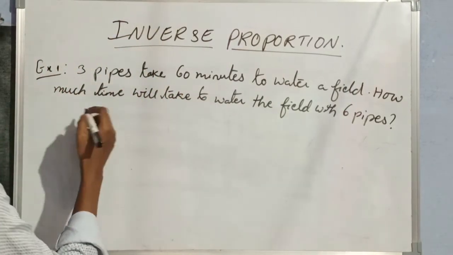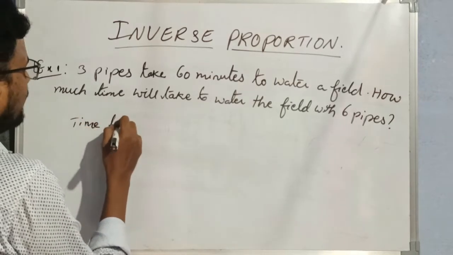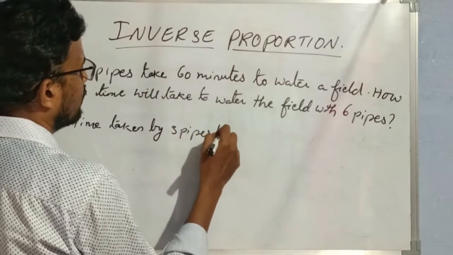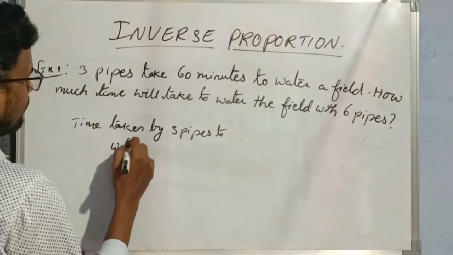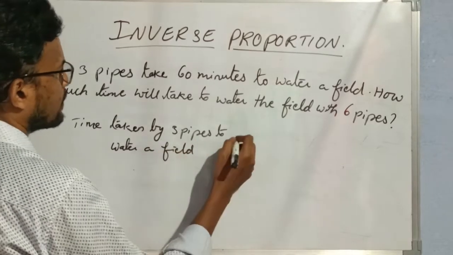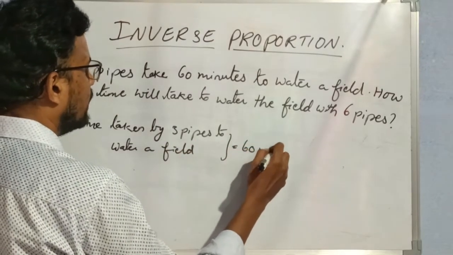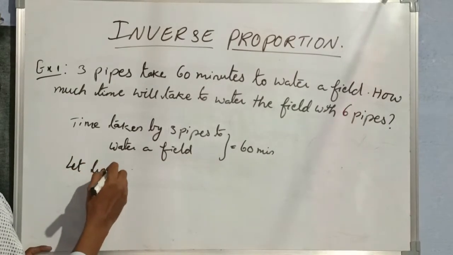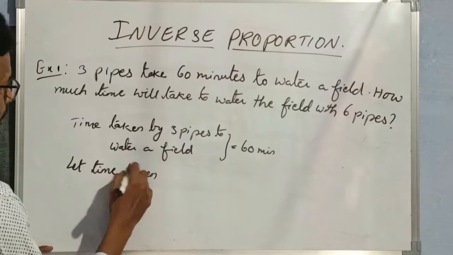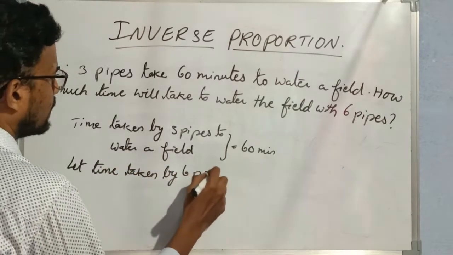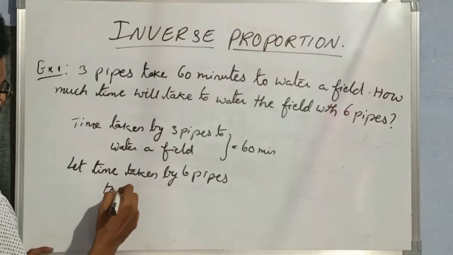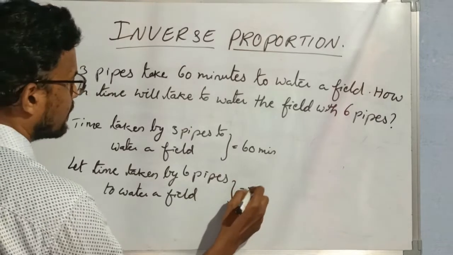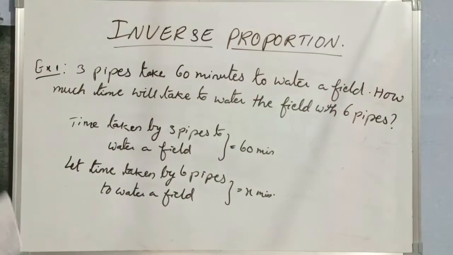Clear? So now, time taken by 3 pipes to water a field. This is our first step. How much time? 60 minutes. Okay, so now let the time taken by 6 pipes to water a field be x minutes.